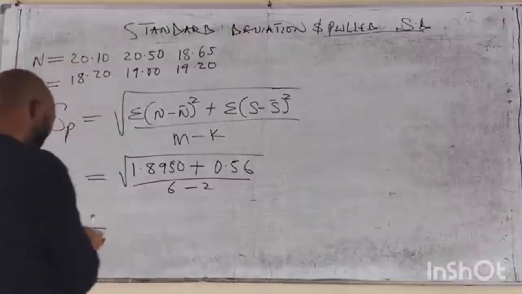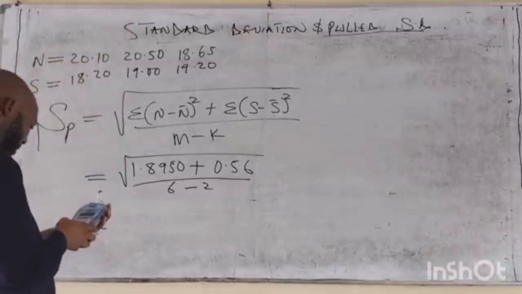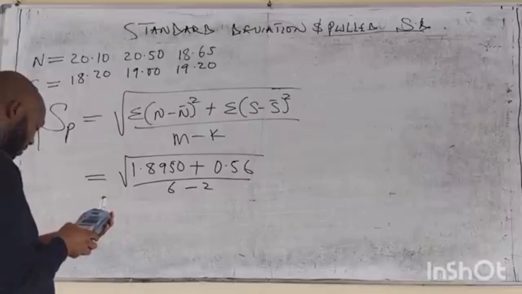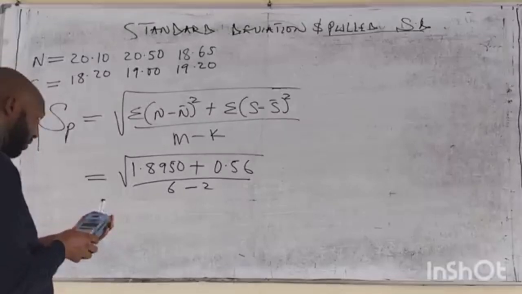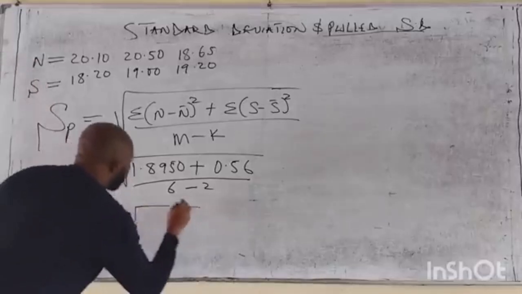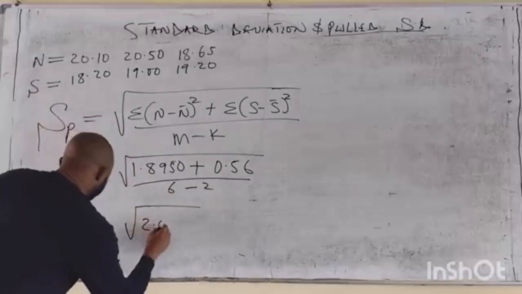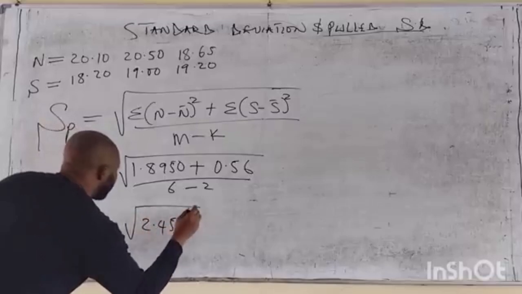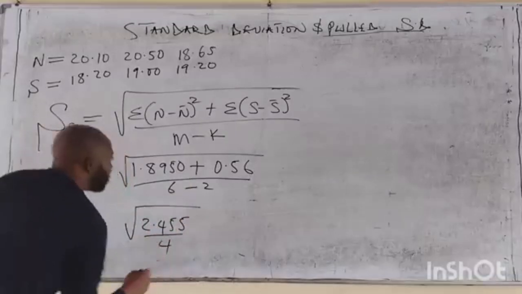This is equal to the root of 1.8950 plus 0.56, which is 2.455, over 4.